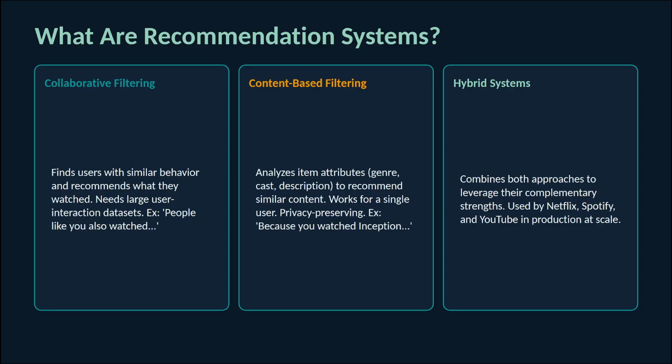Content-based filtering, which is what this paper focuses on, analyzes the actual attributes of the content itself, like the genre, cast, and description, and recommends similar items to what you've already watched. And hybrid systems, which combine both. The reason I focus on content-based is because it works without needing any data from other users, so it's more privacy friendly.